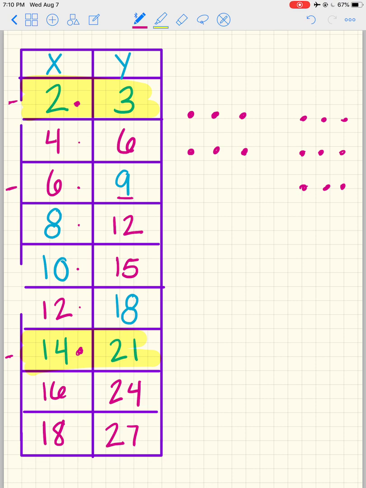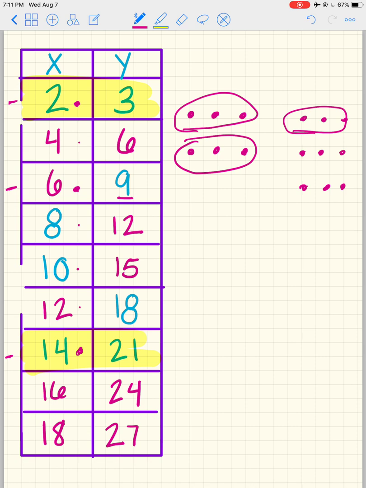And once again, this is the 3rd box down, so we're going to put them in groups of 3. Same thing on this side. We're going to circle our groups of 3s, and it's important that I make my dots nice and neat so that they're not all jumbled up all over the place. We see again here, this has 2 groups, this has 3 groups, just like our original box up here is 2 and 3. That's our ratio.